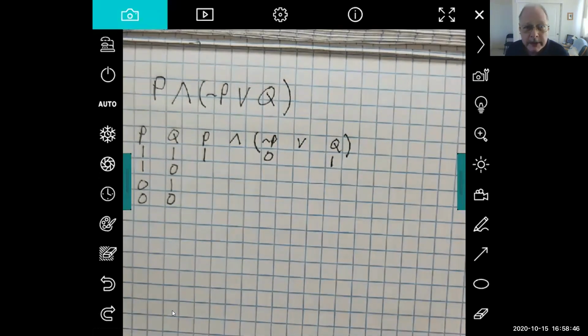It's like in algebra, PEMDAS, parentheses. We don't have any exponents, but parentheses. And then the multiplication is like the and, the addition is like the or.